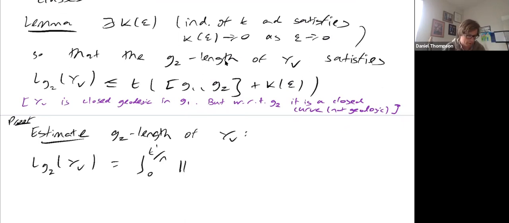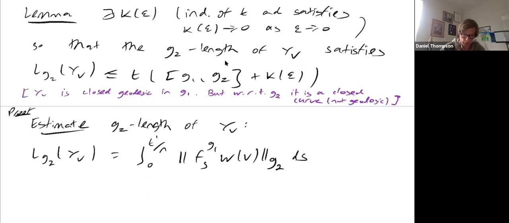Let's think back to elementary geometry. I just take a parameterization. I may as well parameterize it using the G1 geodesic flow, and I'm just integrating the norm of that thing. That's what length is. Let me just explain what's going on there.